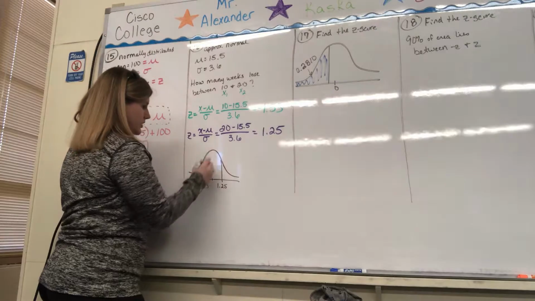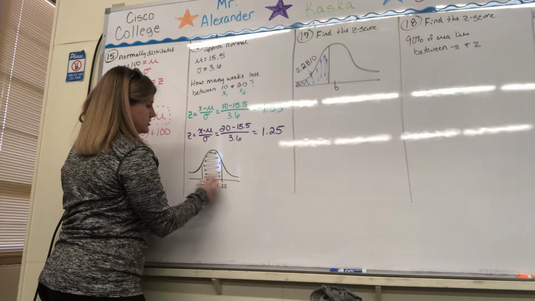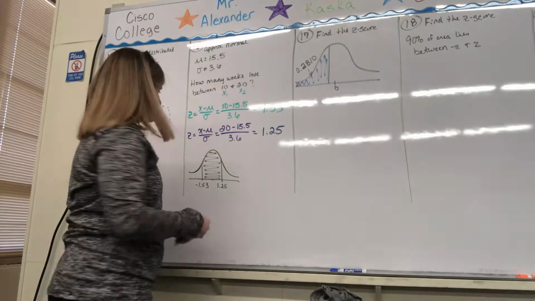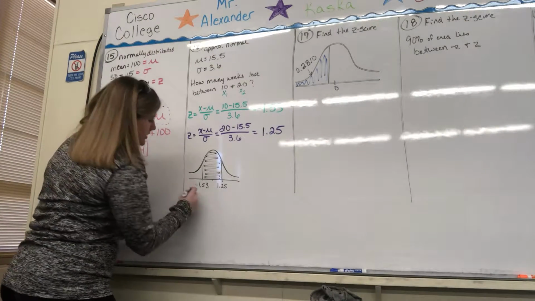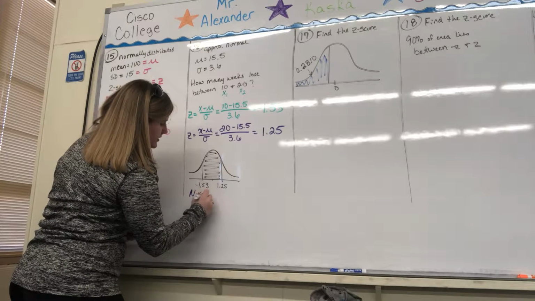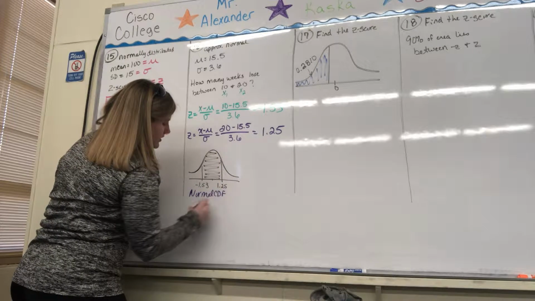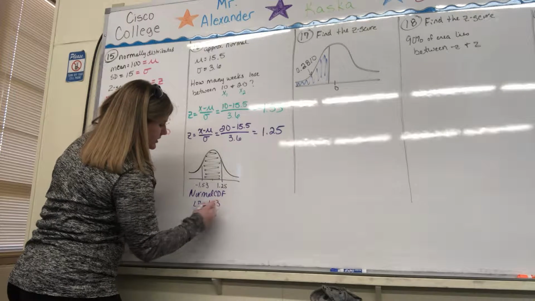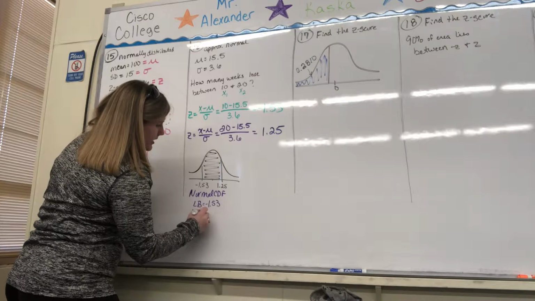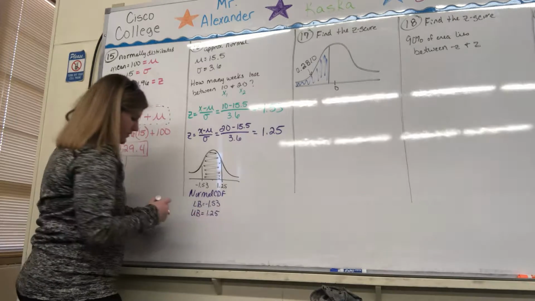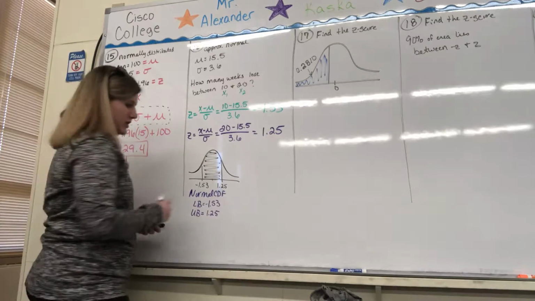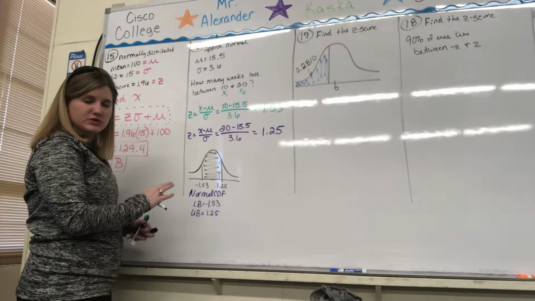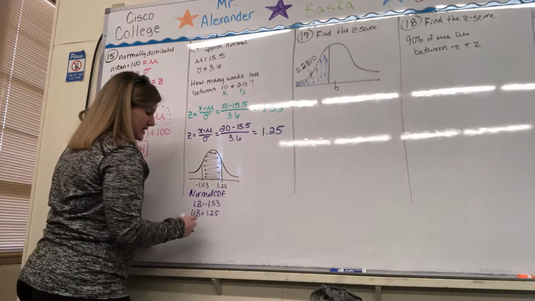So between those two z-scores, we know z-scores and we want to find the probability. So we go ahead and put in our calculators our normal CDF. Our lower bound is negative 1.53, upper bound is 1.25. So this would give us our probability of losing between 10 and 20 suitcases in a week.